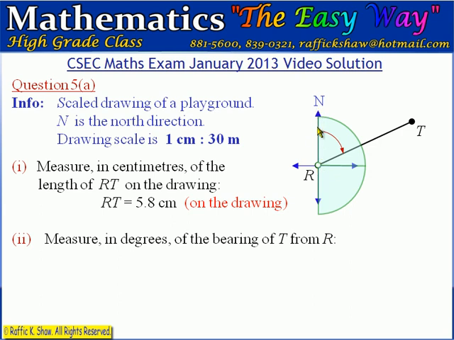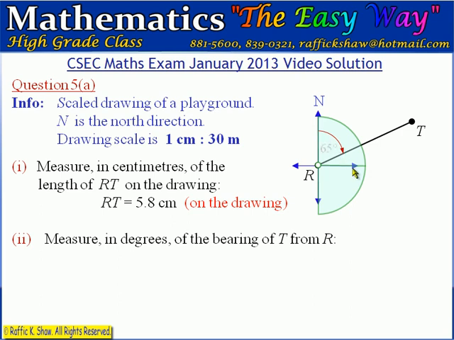And we ensure that the baseline is exactly on the north line, passing through 0 on the baseline, and we measure the angle from 0 upward to the line from R to T, and we read this angle on the protractor.